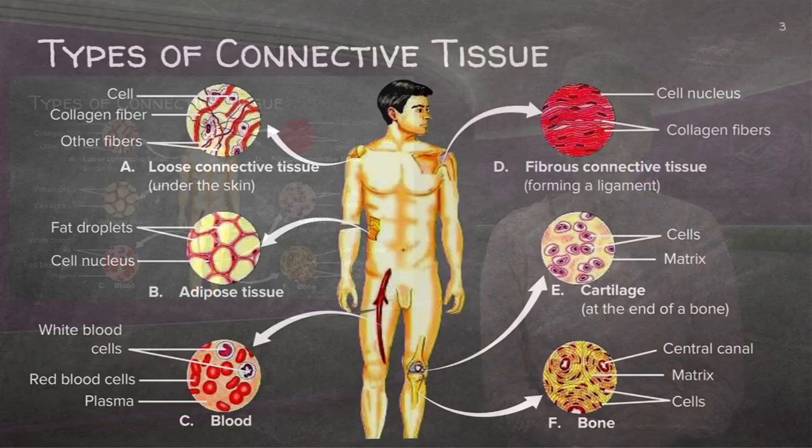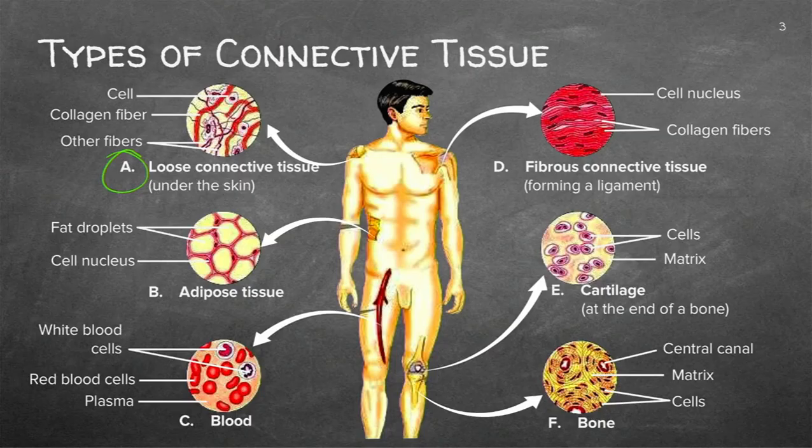Okay, where do we find it? Right, here we have 1, 2, 3, 4, 5, 6 basic types of connective tissue. And we'll find out where you find them, what they look like and what their functions are. Let's first see basically what they are. Right, you have loose connective tissue.